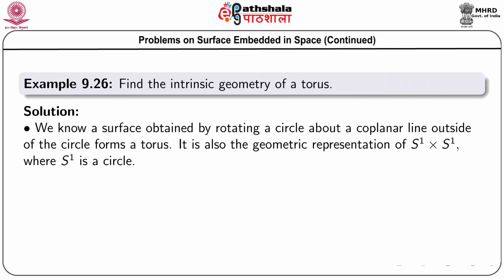Now, we know a surface obtained by rotating a circle about a coplanar line outside of the circle forms a torus. It is also the geometric representation of S1 cross S1, where S1 is a circle.